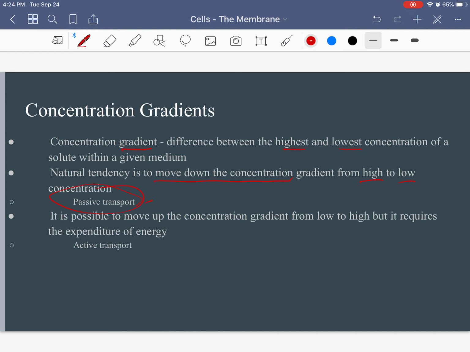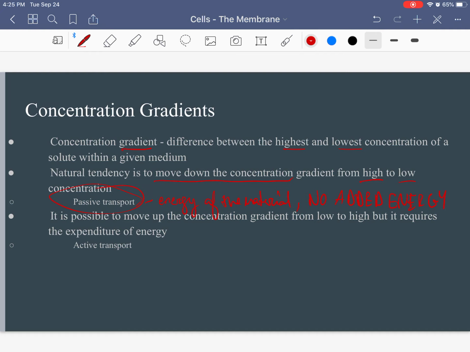Passive transport uses the energy of the material to move. It does not need added energy. It's passive. No added energy is needed.